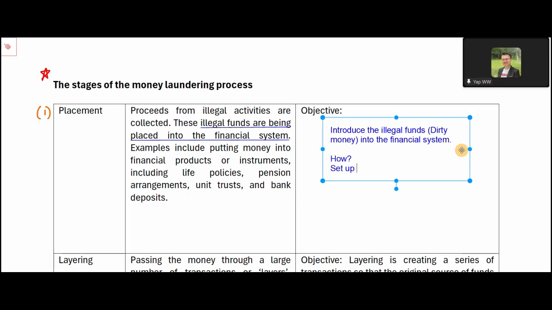Set up a cash intensive business and introduce the illegal funds as cash sales. That could be the way a placement can be done.